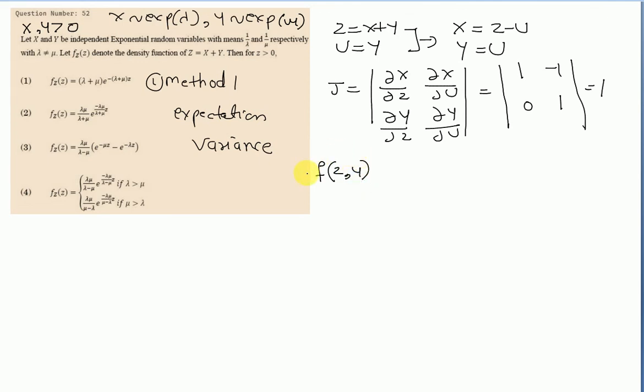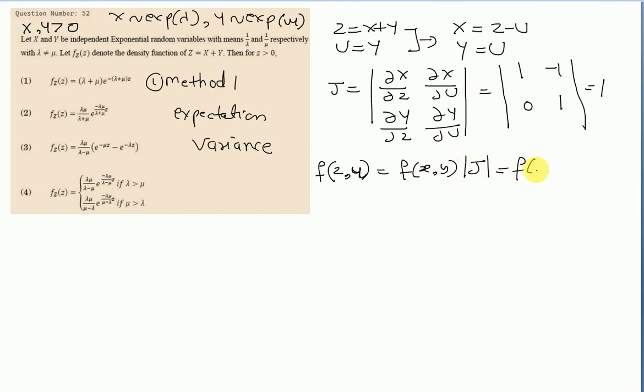It is written as f of x,y, the joint density function of X and Y, multiplied by the modulus value of this Jacobian.